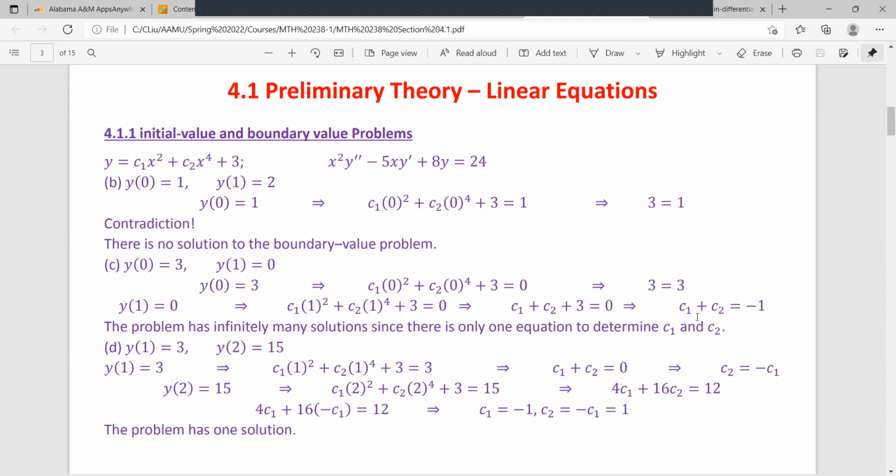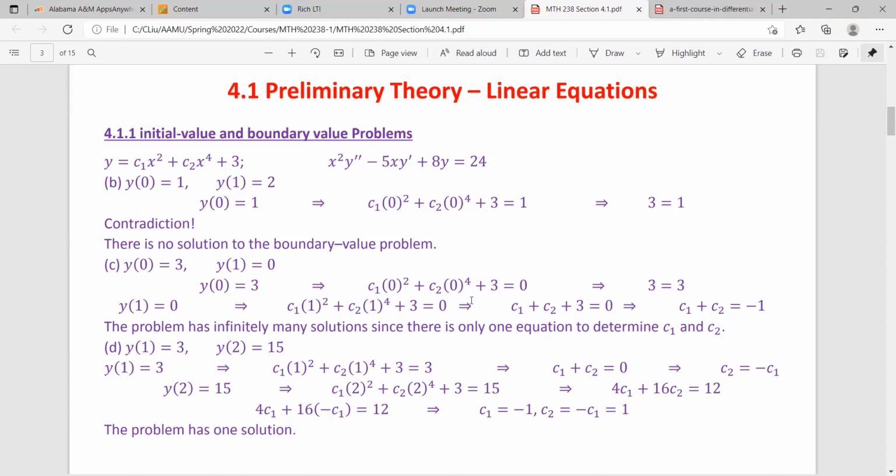So you can choose C1 equal to 0 and C2 equal to -3, for example, or you can choose C1 equal to -3 and C2 equal to 0. Or you can choose C1 equal to 5 and C2 equal to -8. So there are many, or actually infinitely many, values of C1 and C2 that satisfy this boundary value problem. So in other words, this boundary value problem has infinitely many solutions.